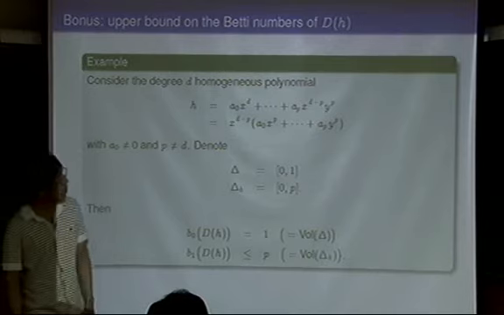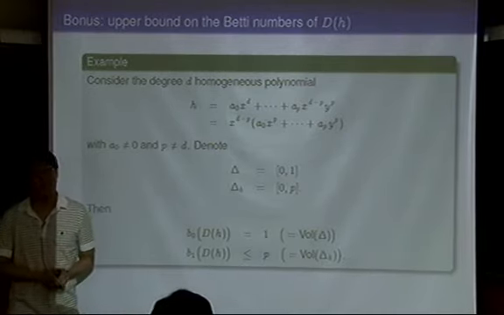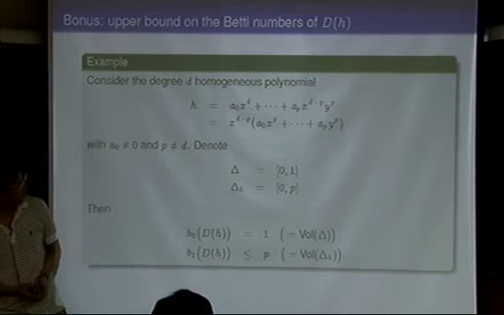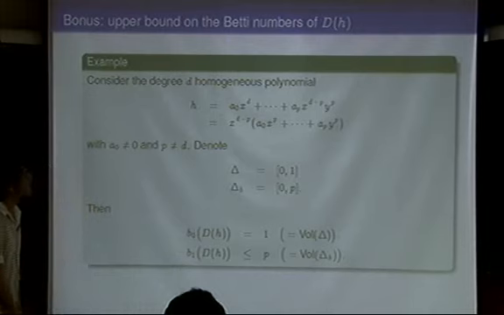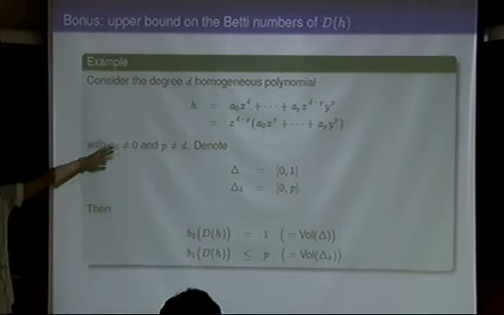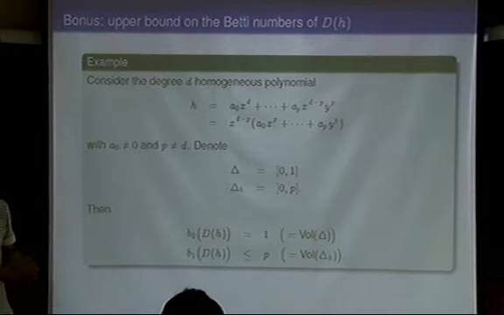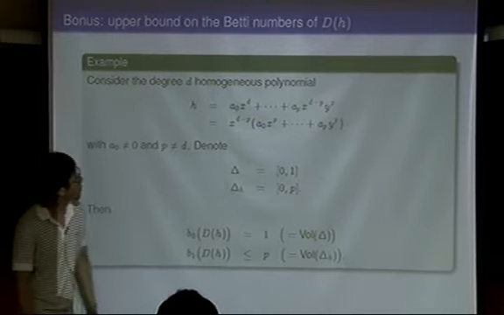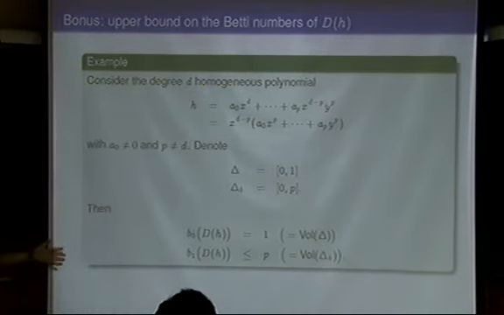Then let's write delta for the standard simplex, the one-dimensional simplex, in this case just a unit interval. And let's write delta h for the Newton polytope of h, in that sense, from 0 to p. Its length is given by the volume of the Newton polytope of h.